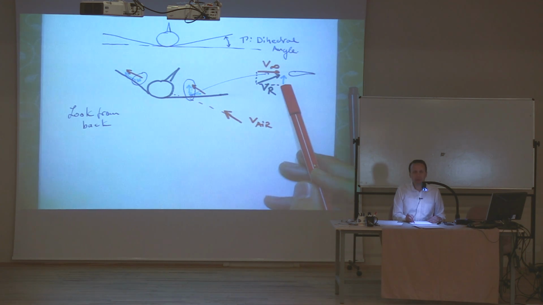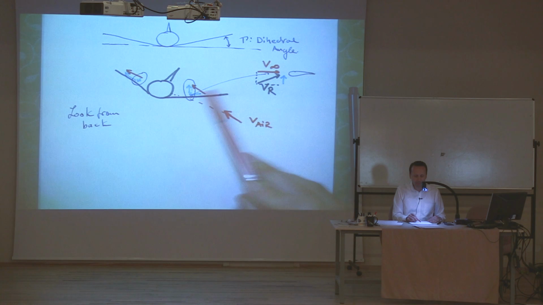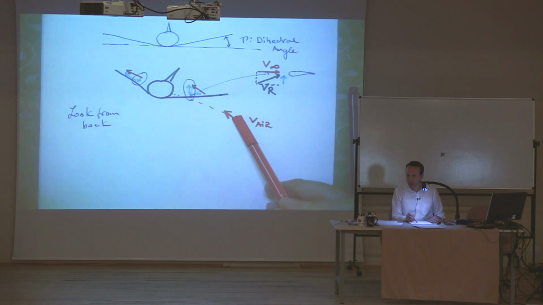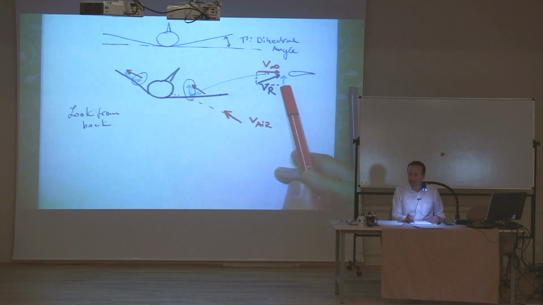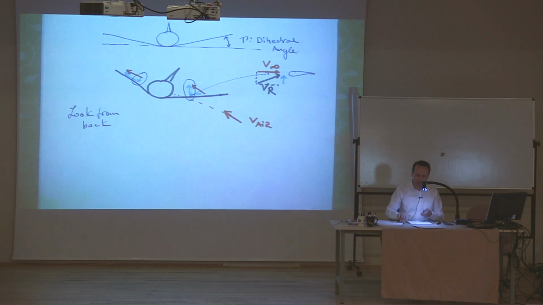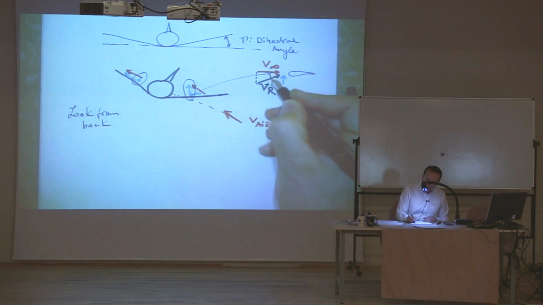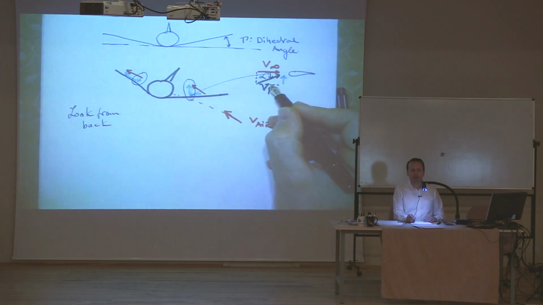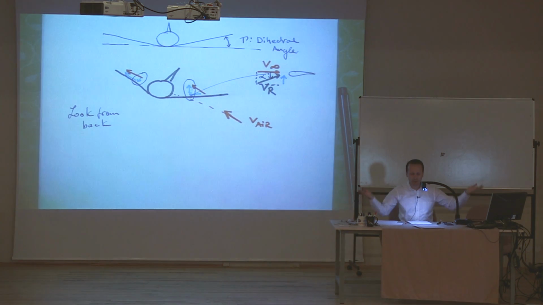Why is it there? Because of the blue one. Why is the blue one there? Because we are sliding downwards. So what does this blue one do? Does it increase angle of attack or reduce? Obviously it increases the angle of attack, right? The angle of attack is increased. So more angle of attack, more lift.